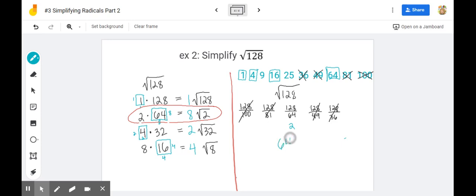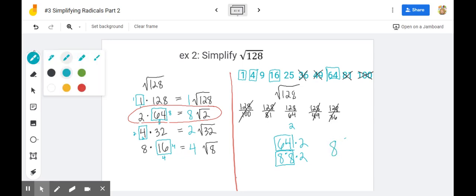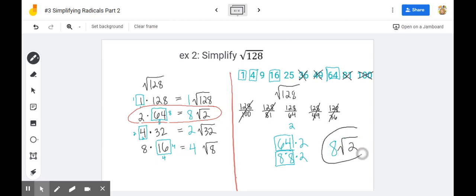So we will use 64 times 2, or we'll use 8 times 8 times 2. So 64 is 8 times 8. So the 8 comes out and the 2 stays in. And that, my dears, is how we simplify radicals.